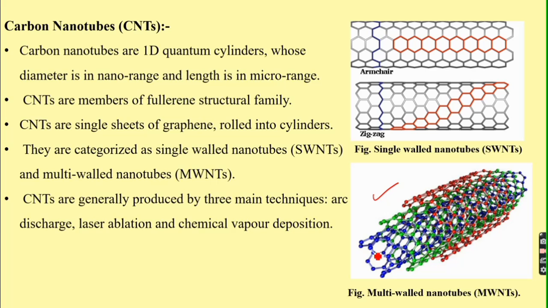You can observe 1, 2, 3, 4 different tubes. There exists a van der Waals force of attraction between these tubes, and diameter varies from 30 to 50 nanometer, and the length can again be a few microns.